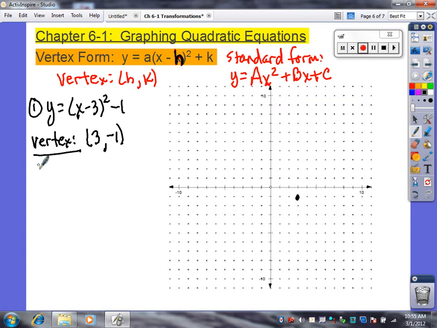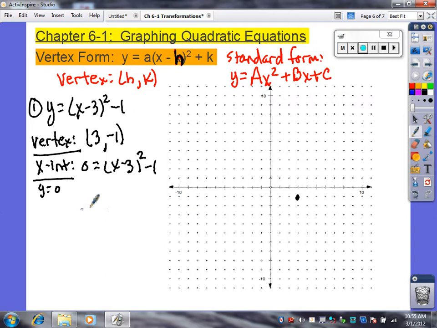Next, let's do our x-intercept. Ben asked what order you have to go in. You don't have to go in any order. If you remember your x-intercepts, that's when y equals 0. So I'm going to set this function equal to 0: 0 equals x minus 3 squared minus 1. Remember those quadratics we were solving?